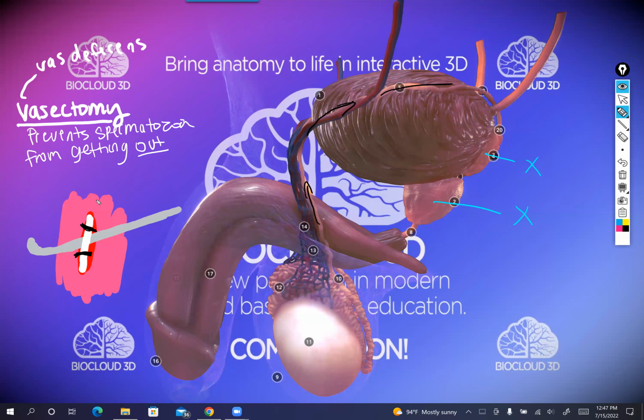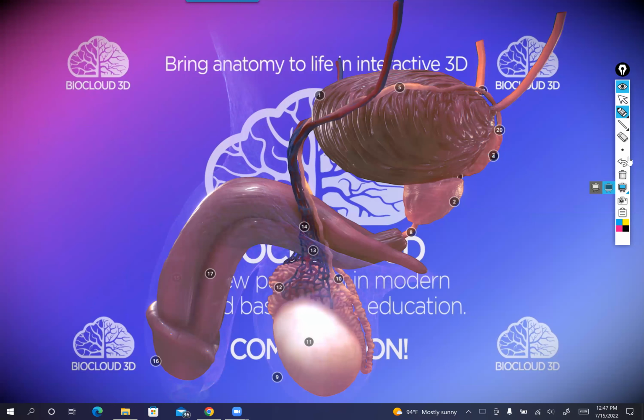And then finally, one quick note that I forgot to say when I was talking about the corpus spongiosum. So the corpora cavernosa are the main contribution to erection. So they both fill with blood.